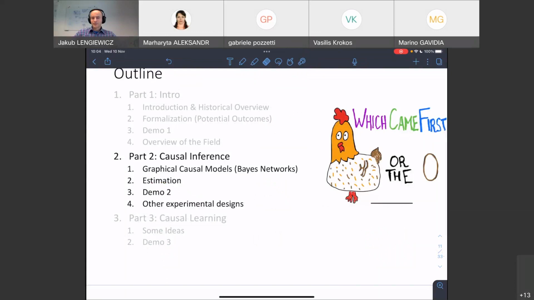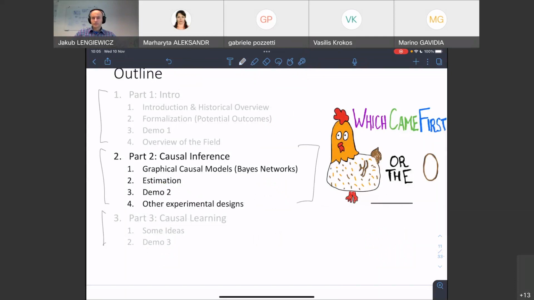So let us continue with the second part. As we discussed, there are three parts. The first was introduction, then the causal inference, and causal learning. And today we'll talk about causal inference. Causal inference, if you remember, is about how to measure the strength of the causal relationship when the graph is known.